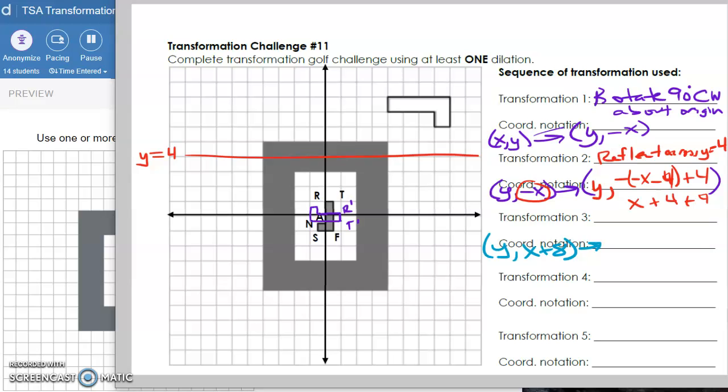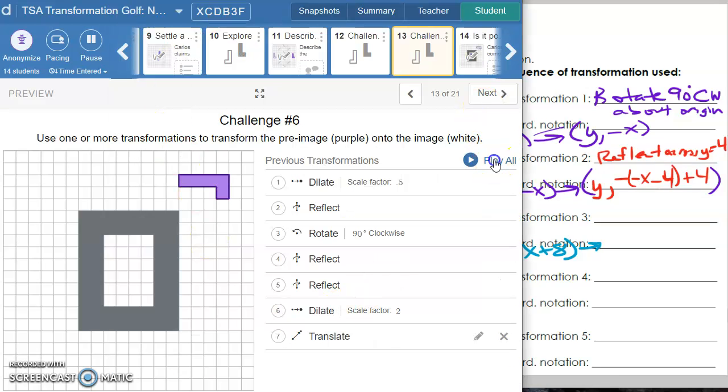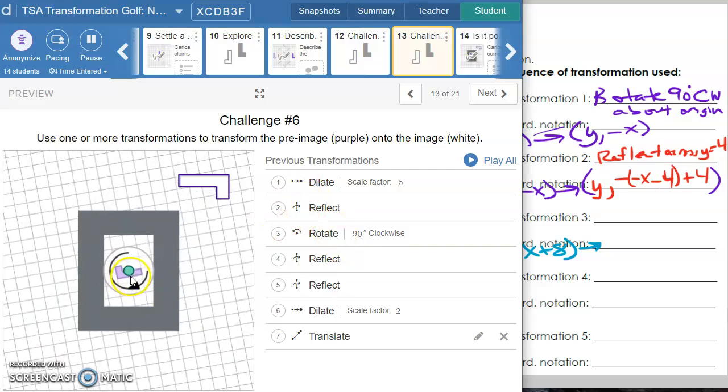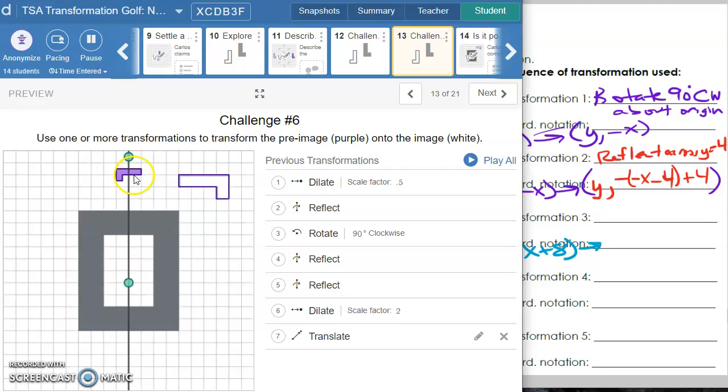So that's really fascinating that it ends up being so simple, right? But that's the beauty of composite transformations. So I've penciled in where my T double prime is, and my next transformation, if I play all again, and this is the setup, okay, now I rotated 90, reflected across that line.